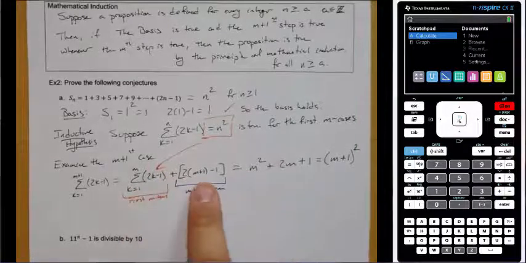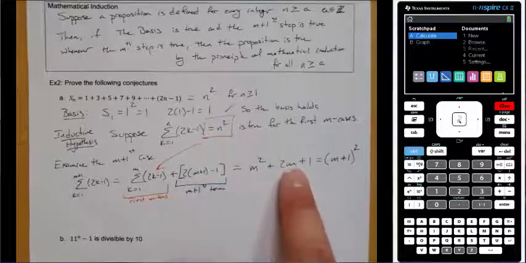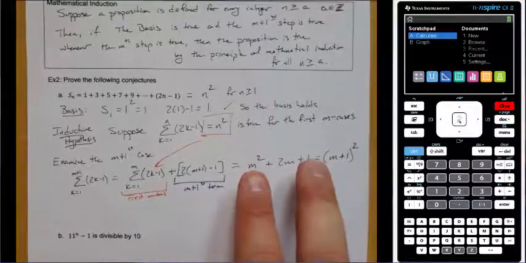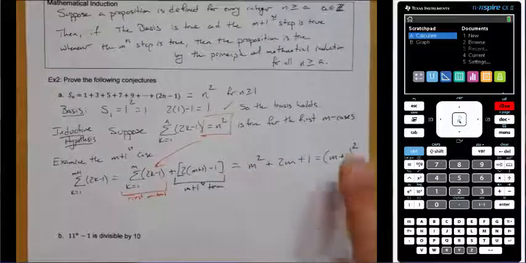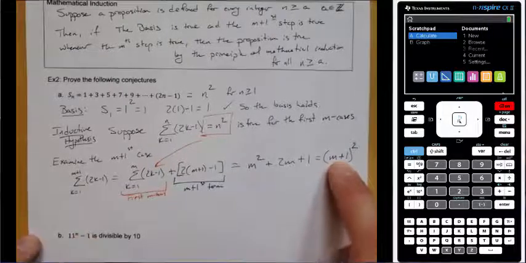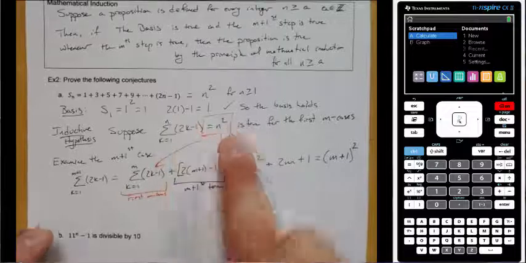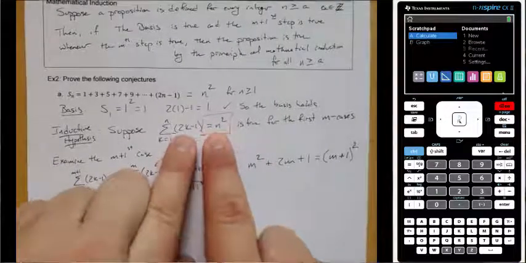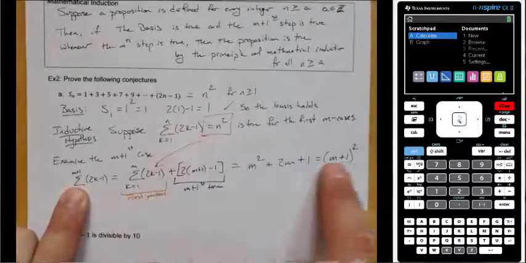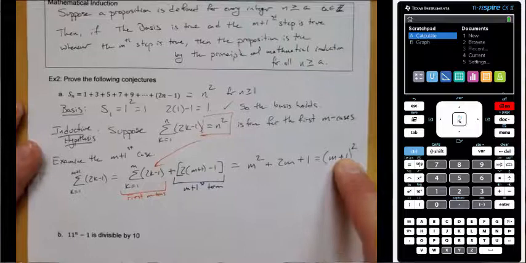We added in the next term to make the m plus first case, and then we recognized that this factors to m plus 1 squared, which is what we hoped it would be if we replaced the n at the beginning with n plus 1. So we didn't just plug m plus 1 in on both sides. We started on the left side and showed that it results in the right side. This is exactly what we're trying to do.